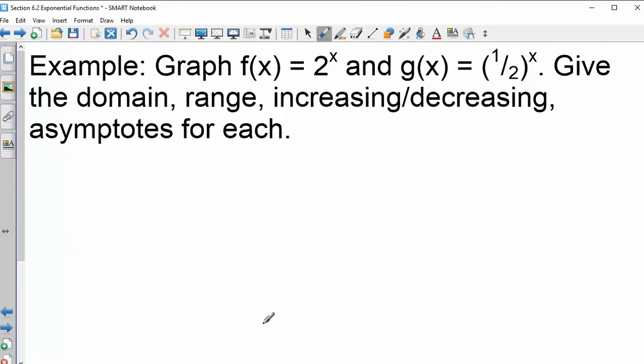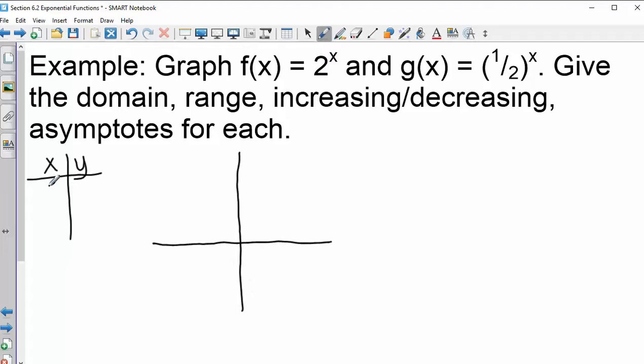What I want to do is graph a couple of these and see if we notice any patterns. So the first one we're going to look at is f of x equals 2 to the x. I'm going to graph that by making a t-chart. So if we put in a 0, 2 to the 0 power, anything to the 0 power, is 1.